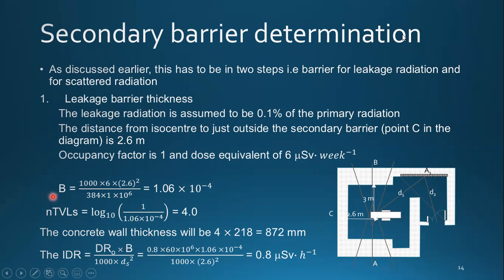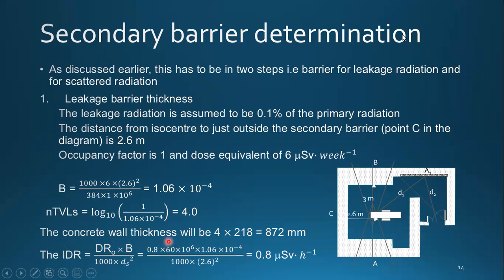The barrier transmission factor equation, if you remember we discussed in lecture 4, is this, and you substitute the values that we discussed now into this equation, you get a barrier transmission factor of 1.06 into 10 power minus 4. As you know, the number of TVLs required is the negative log of barrier transmission factor, and you substitute this, you get 4 TVLs as the requirement for barrier thickness.